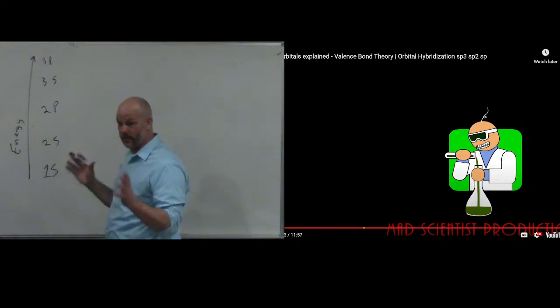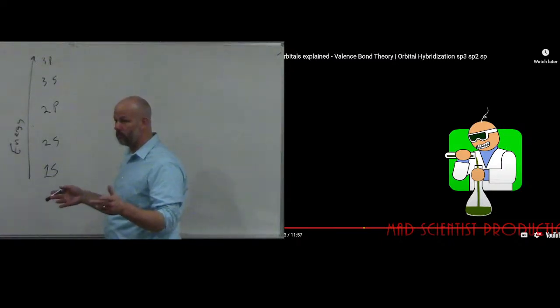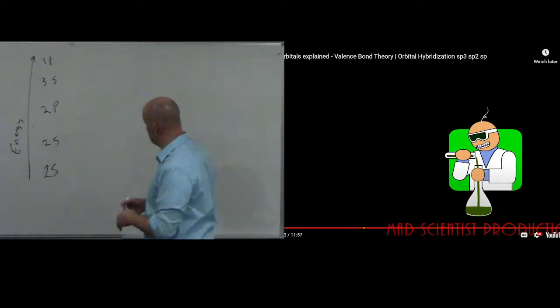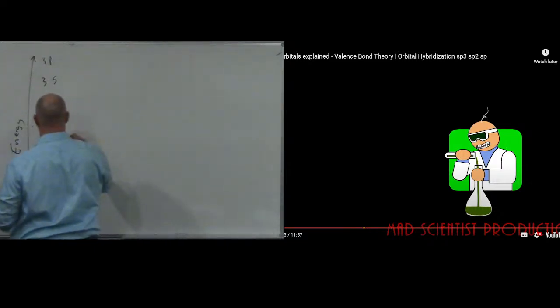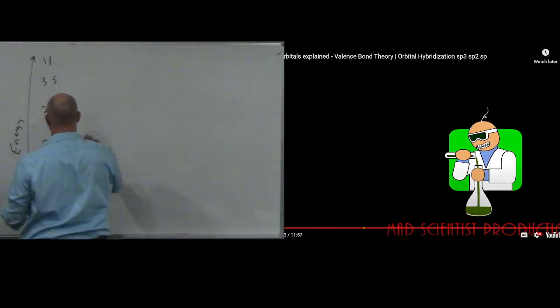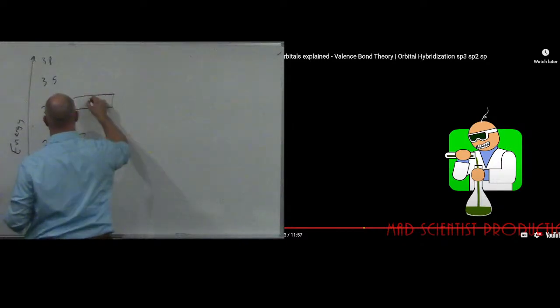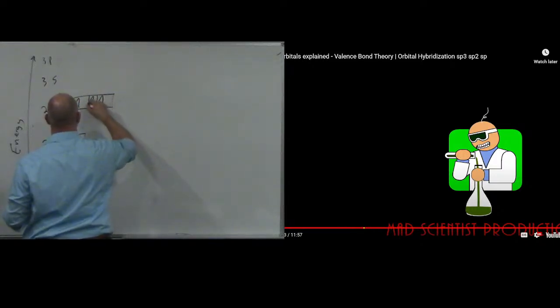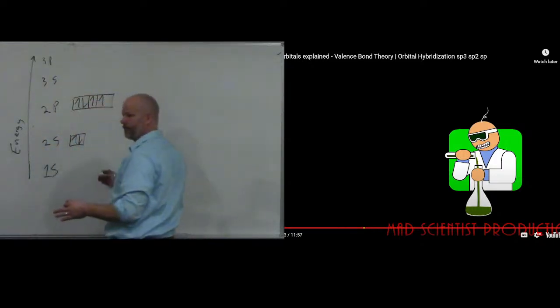How many total electrons? 8. 8 total, right? Okay. How many valence? 6, right? How many in the first? 2. Or how many in the S, I should say. Right, and then how many in the P? 4. Right, so 1, 2, 3, 4. Right? Okay.